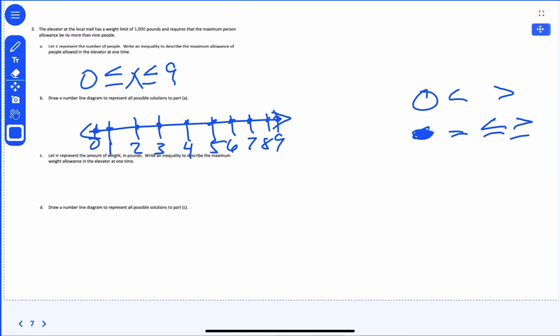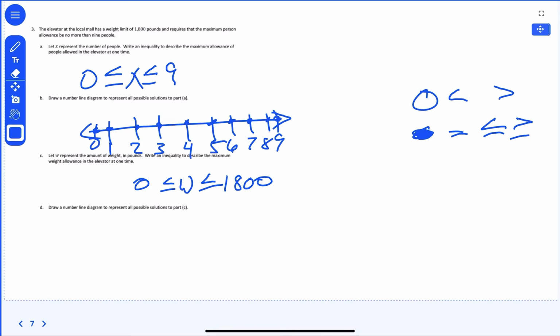C, let W represent the amount of weight in pounds. Write an inequality to describe the maximum weight allowance in the elevator. Well, how many pounds can it be? Let's go with W for the weight. How much could it be? 1,800. And then it would have to be the same thing.